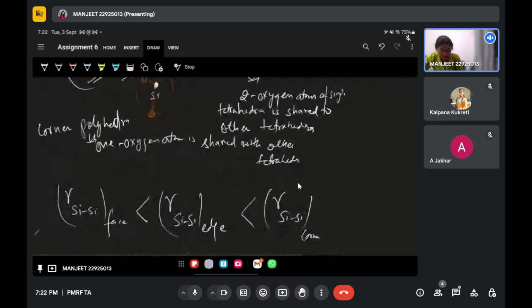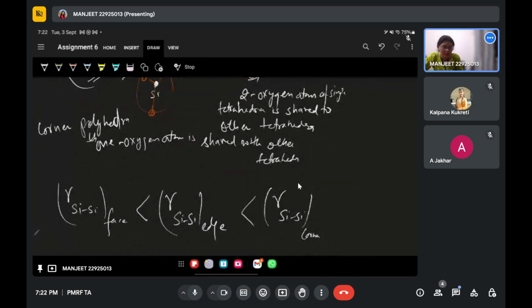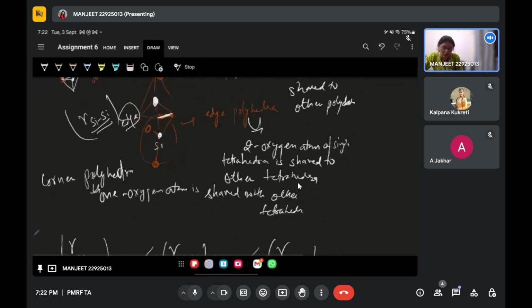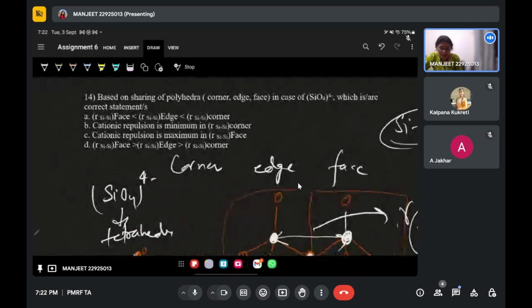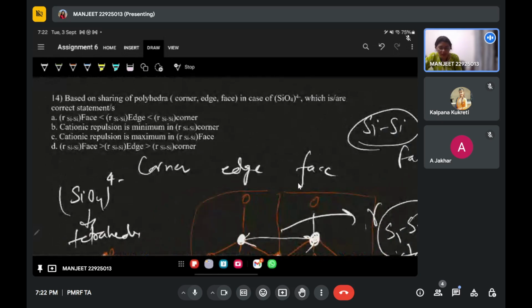So this is the case for the silicon and silicon bond distance. A part has the same thing, so the A part is the correct answer. Okay, now move to the B part. In the B part, it is asked that the cationic repulsion is minimum in the corner.